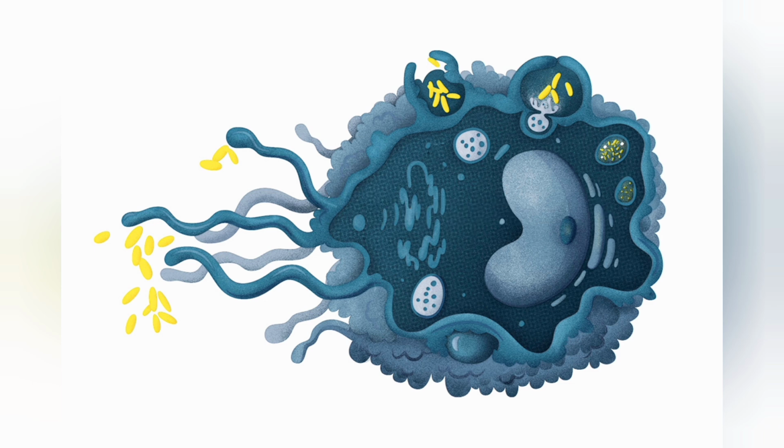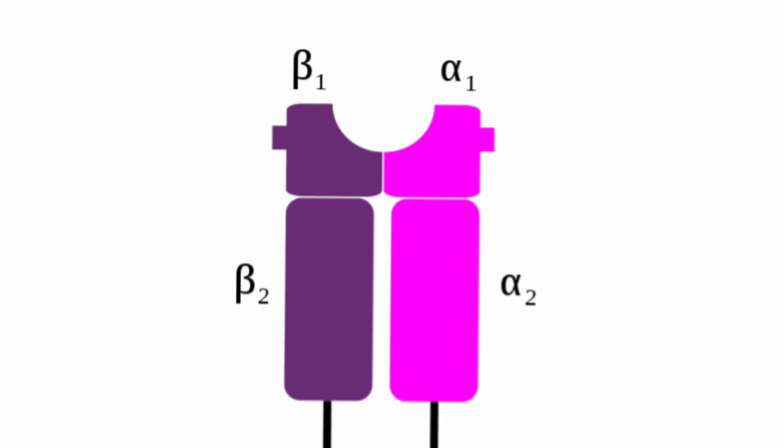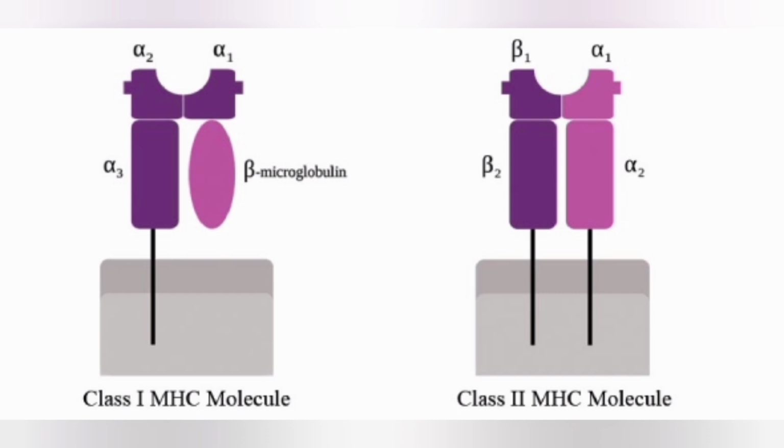So the macrophages present the antigen on their surface along with the MHC protein, which is of class 2. We talked about the MHC proteins; there are three types, but class 1 and class 2 are both important in the immune response. Class 1 MHC protein is for endogenously synthesized antigens, which include viral proteins, and class 2 MHC protein is for extracellular microorganisms.